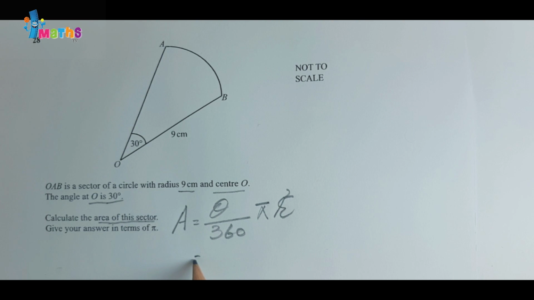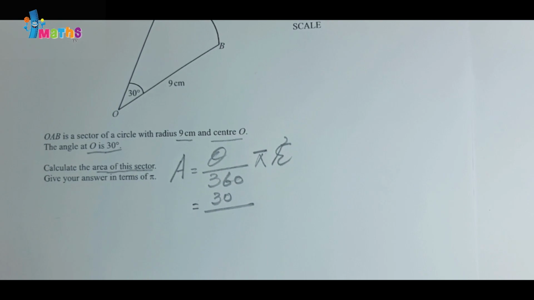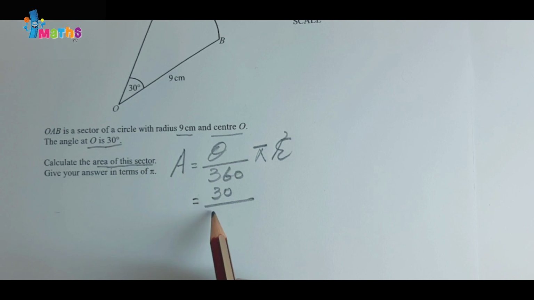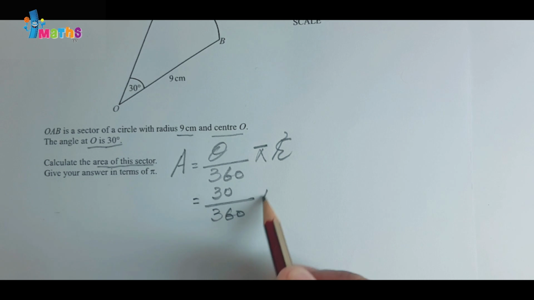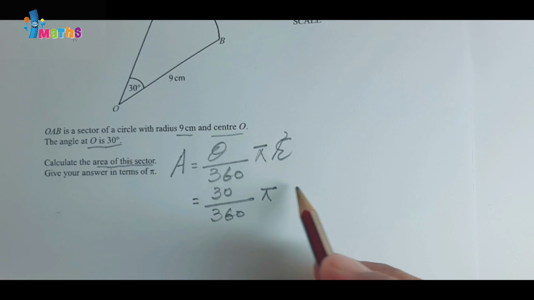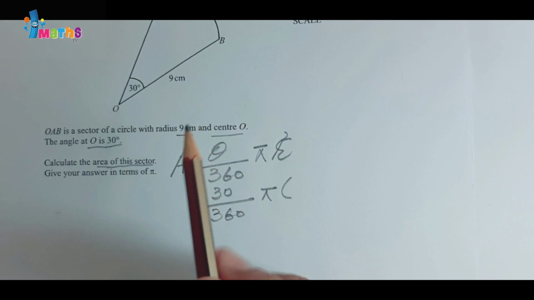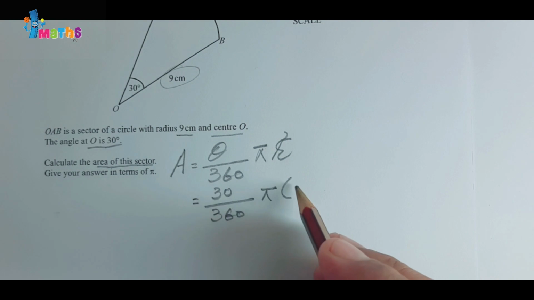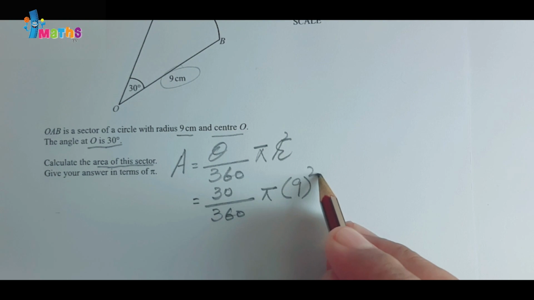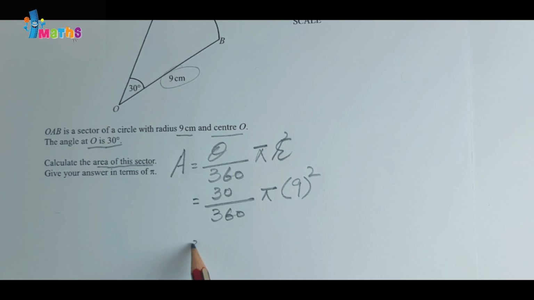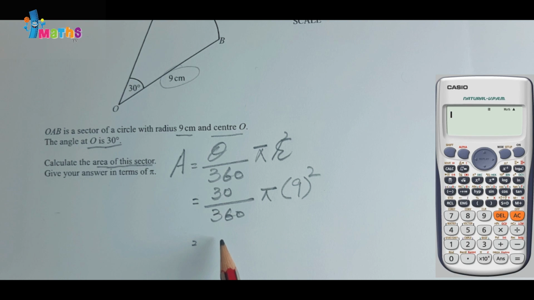So theta is equal to 30 over 360 into pi, and r is 9. You can see r is 9. So 9 squared. We can solve this with calculator.